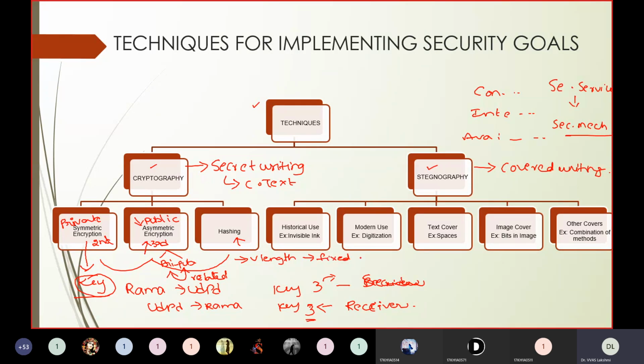If you give 128 characters as input, it produces only 6 characters. If you give 256 characters, it gives only 6 characters as the output. It performs some calculations and produces the fixed length output, whatever the input. So this is the process of hashing.